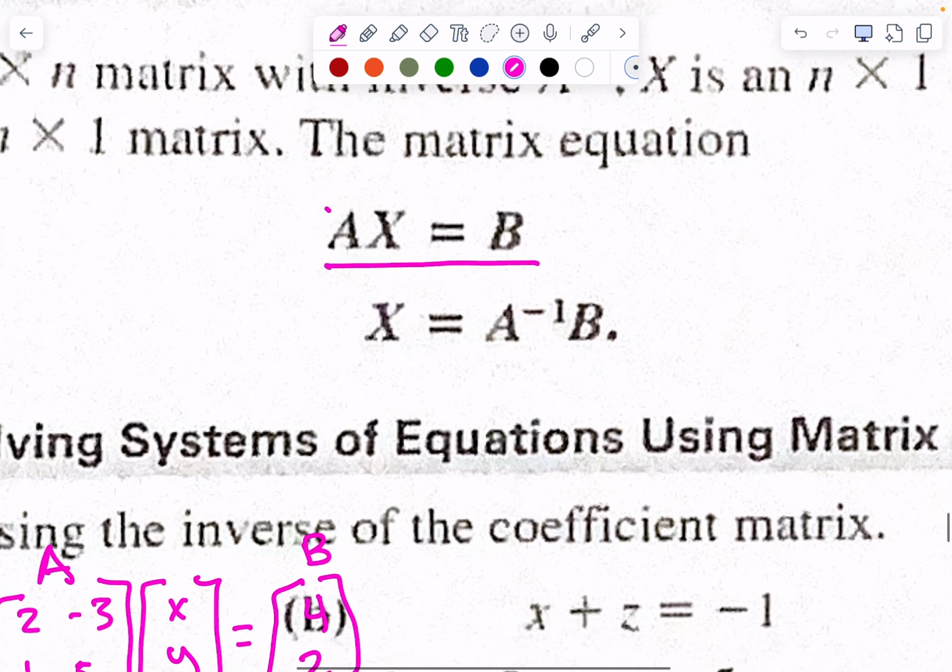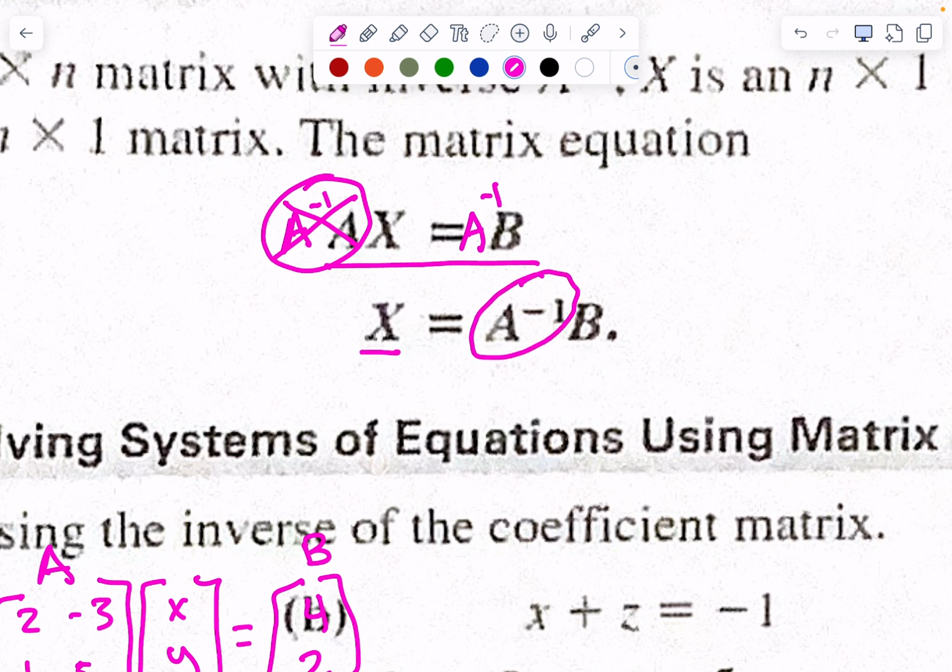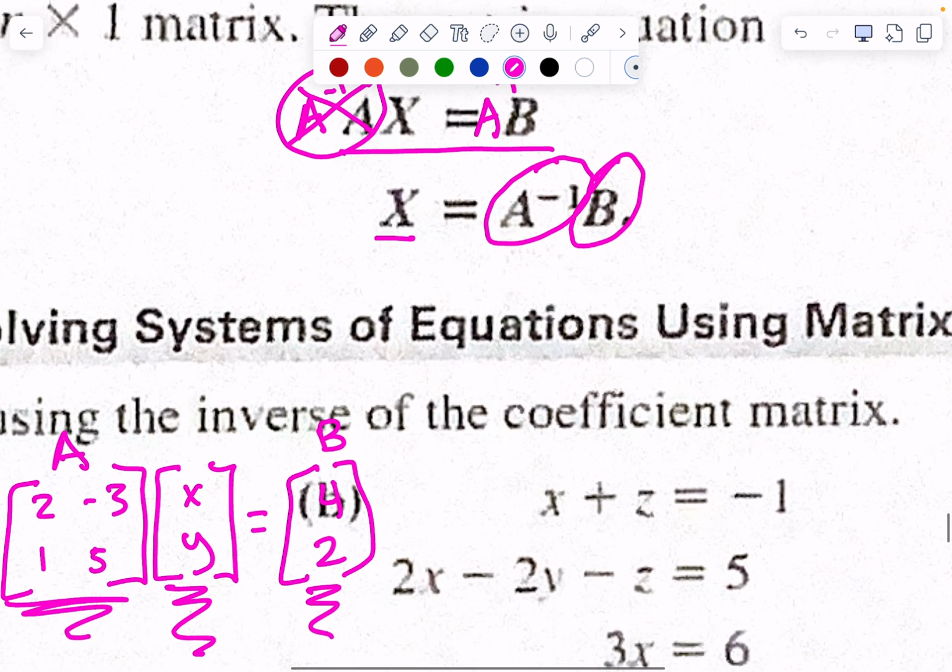So if I want to get rid of A in order to just have X, what I do is I invert. I take A inverse times both sides. Well, what is A inverse times A right here? It goes away, right? And just gives me X. So now that I have A inverse, I need to take it times B, and B is that 4, 2, in order to get the X matrix, or the solution.